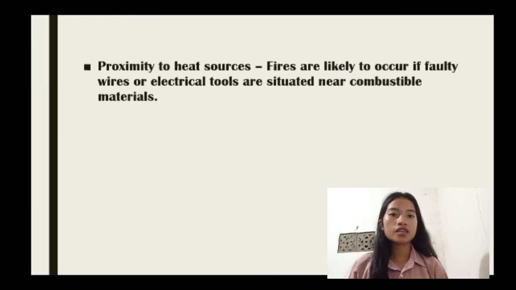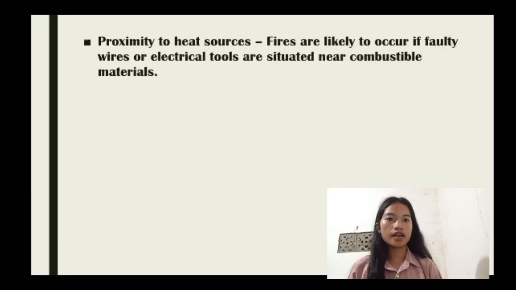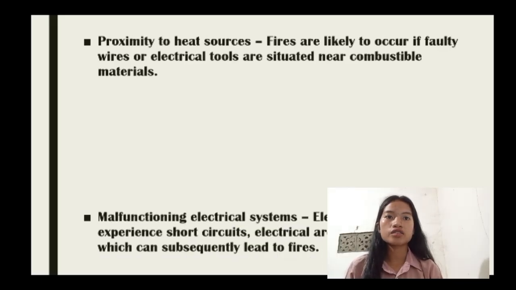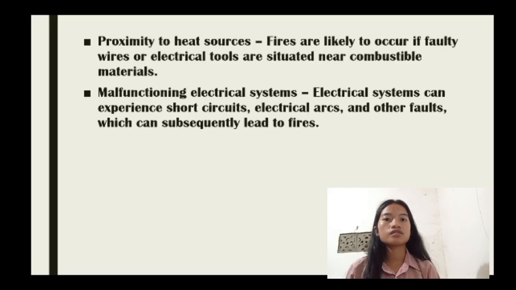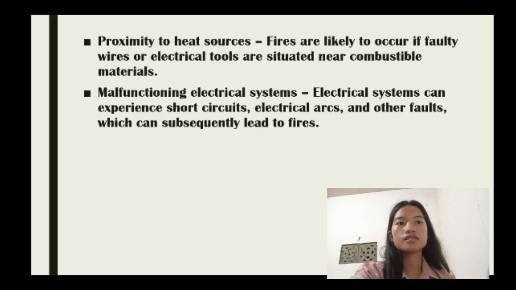And the last of the common causes of electrical fire is proximity to heat sources. Fires are likely to occur if faulty wires or electrical tools are situated near combustible materials. Malfunctioning electrical system.